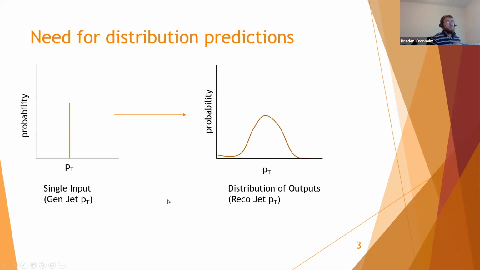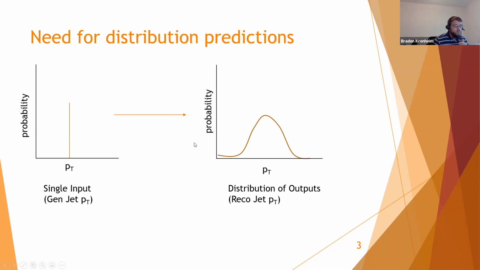In order to properly do either of these tasks, we need some method of predicting distributions. For the simulation phase, you can have a single gen jet transverse momentum, which then, depending on exactly how the jet is reconstructed and how it interacts with the detector, can give a range of possible reco jet transverse momenta that can all be created by this single gen jet pT.